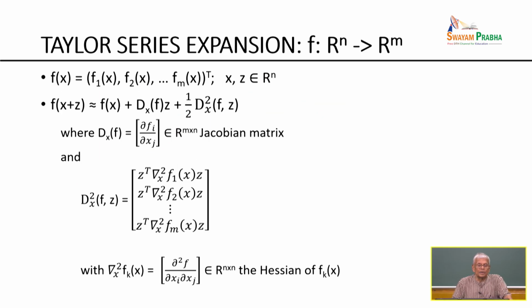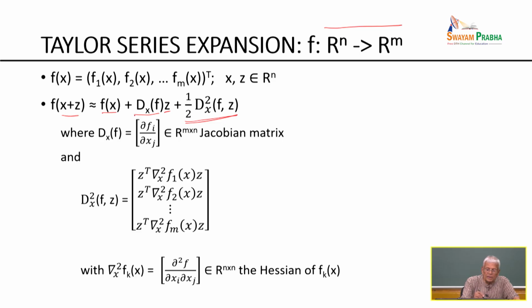Now I am going to consider the Taylor series for a vector valued function of a vector. What does it mean? X is a vector, z is a vector, f itself is a vector. So f of x plus z is equal to f of x, plus the Jacobian of f times z, plus a second order term. The second order term is a much more complex term. Please remember, f is a vector, f of x is a vector, and the Jacobian is a matrix times a vector, so this must be a vector.